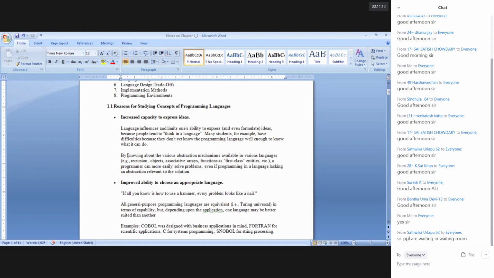By knowing about various abstraction mechanisms available in various languages, like recursion, objects, associative arrays, and functions as first class entities, a programmer can more easily solve problems, even if programming in a language lacking an abstraction relevant to the solution.